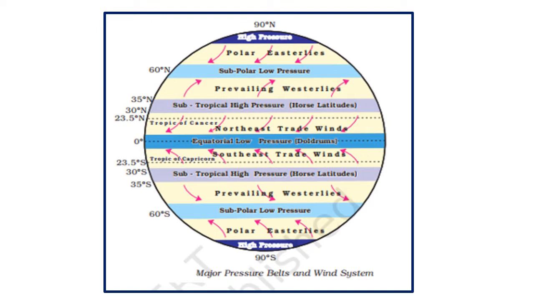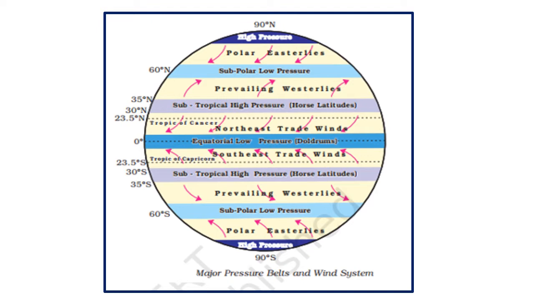From the subtropical region there is also a high pressure belt from where wind moves towards the equator as well as towards the poles. The wind which moves towards the equator is the northeast trade winds, and in the southern hemisphere it is the southeast trade winds. But the other wind from the subtropical region moves towards polar areas, reaching near 60° north.